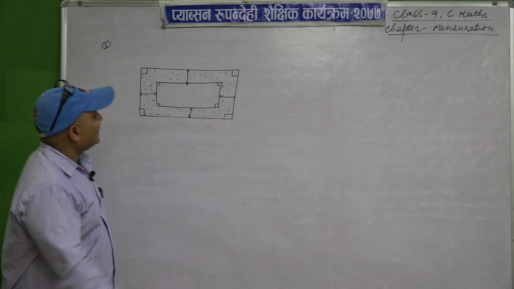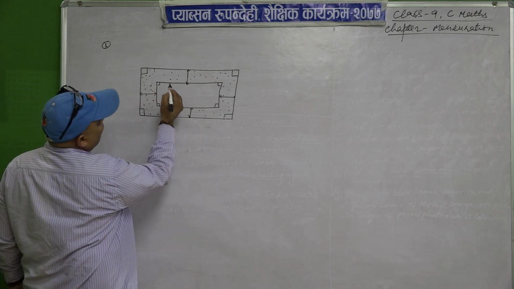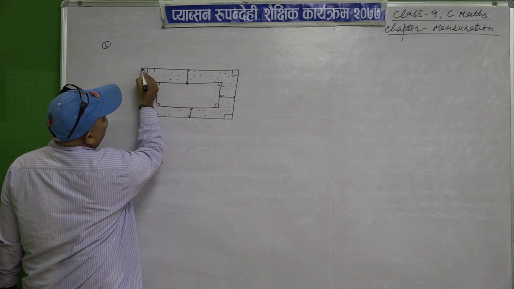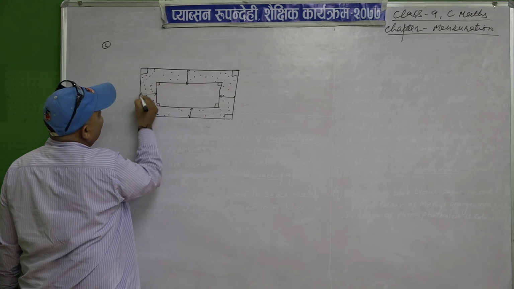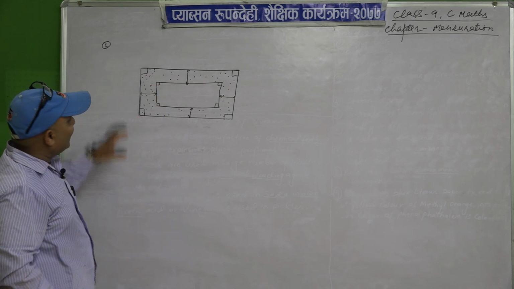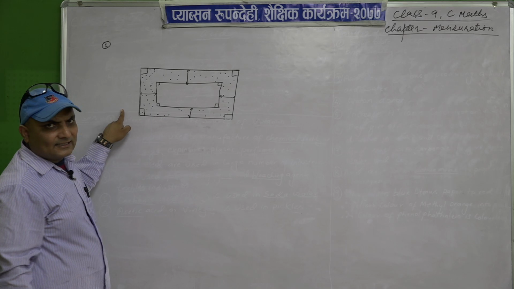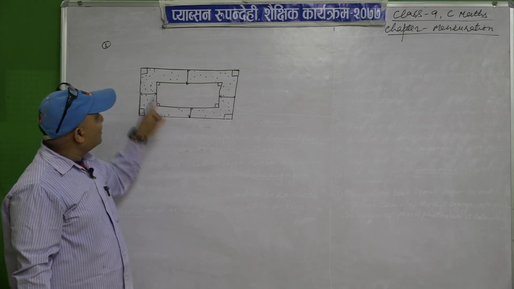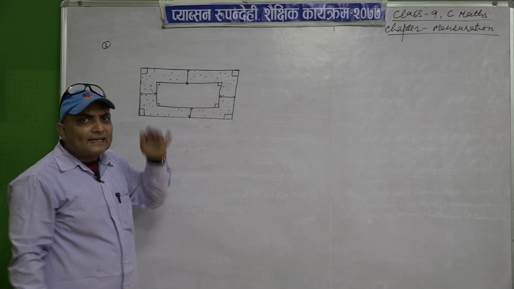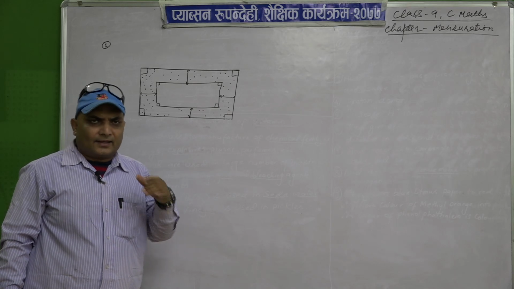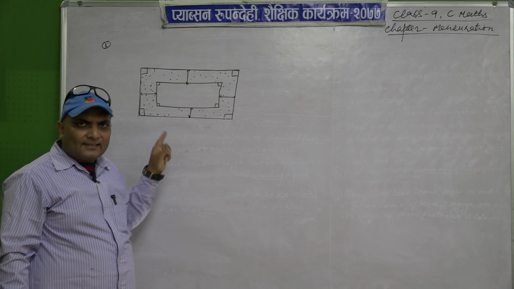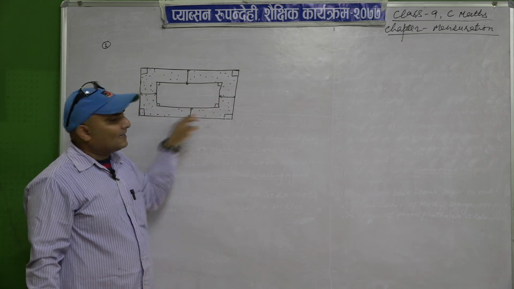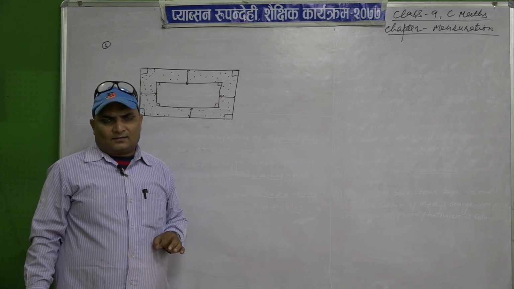Now see, if the value of this length and this breadth is given, then it is called the path inside the rectangle. Again, if this length and this breadth is given, then we call this path inside the rectangle.